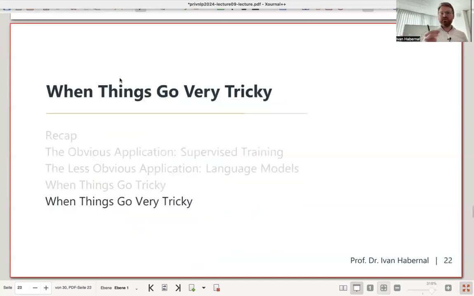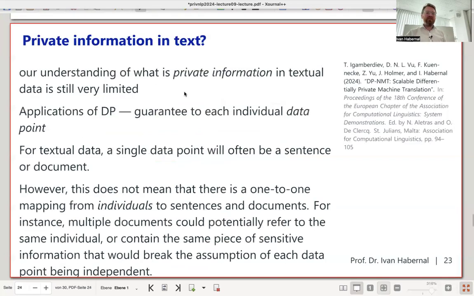But now let's move to things which get very tricky, and we will have some food for thought, something for the brain to think about. We're coming back to this private information in text.